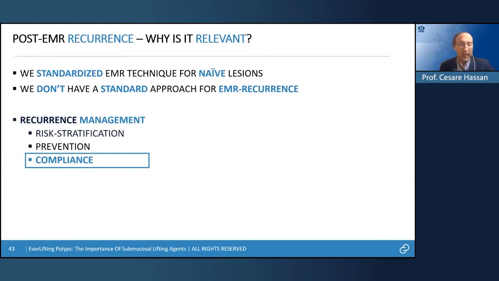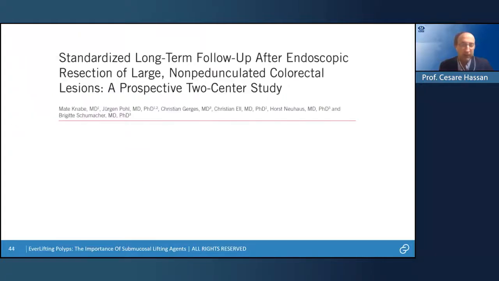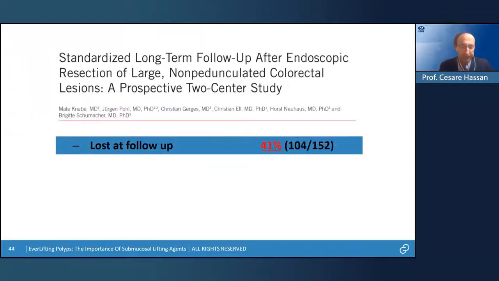But there is also an organizational issue in recurrence that is probably neglected in our literature. The problem is that we do the procedure, we know that there may be recurrence, we recommend surveillance to our patient, and what happens? Our patient does not come back to us.